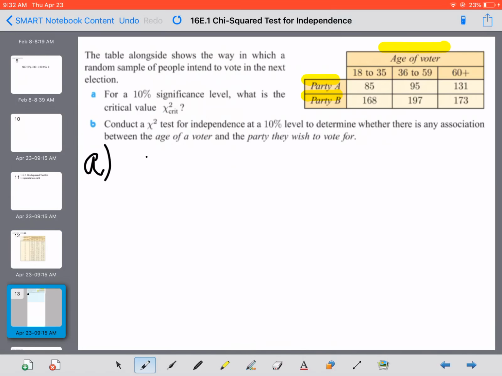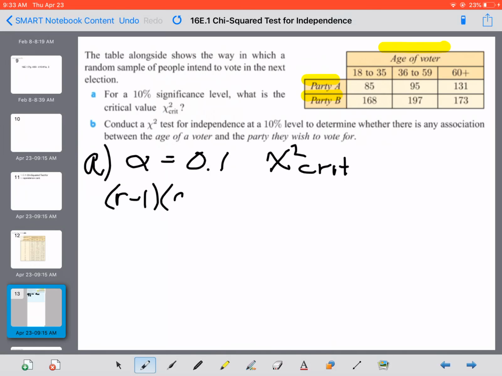if I'm at a 10% significance level, that means that alpha is 0.1, and our chi-squared crit is found by using our degrees of freedom with our significance level. Remember, for the chi-squared test for independence, degrees of freedom is your rows minus 1 times your columns minus 1. In this case, I have 2 rows and 3 columns, so I'm doing 2 minus 1 times 3 minus 1.